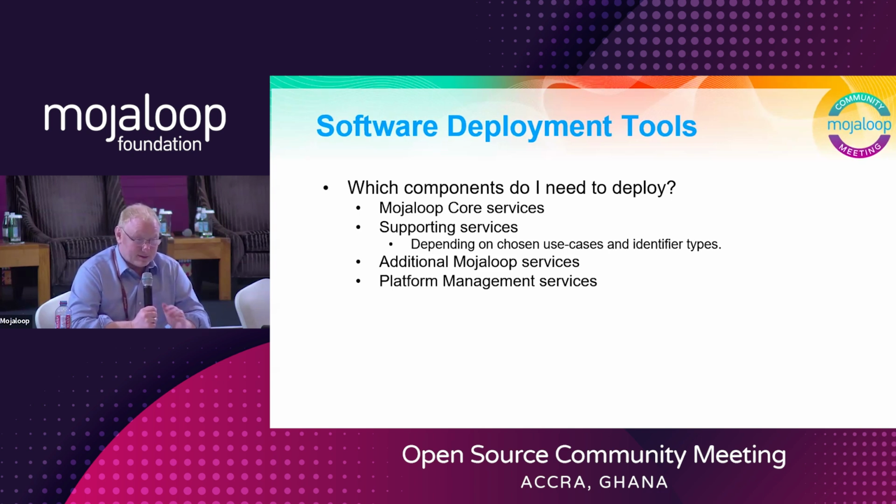The exact list of things you're going to want to deploy will depend very much on your own situation, what skills and technologies you might already use in your organization or have particular preferences for. Mojaloop is very flexible in that respect. You can bring a lot of your own platform management technology along.